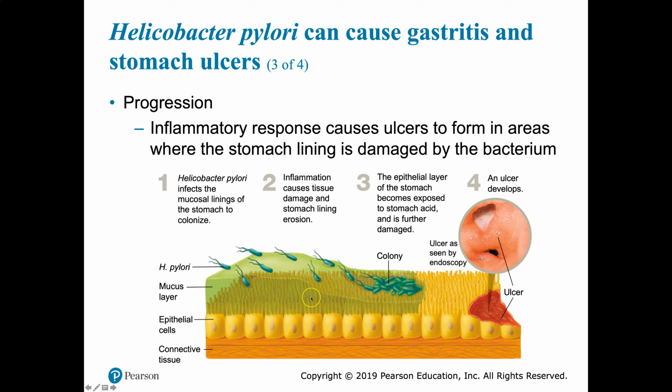So you can see how the progression works with Helicobacter pylori. First, it invades the mucosal lining, colonizes. It then starts causing inflammation and erosion of the mucosal lining, exposing the epithelial cells, which then are exposed to the stomach acids, and then you end up with a stomach ulcer. Stomach ulcers are extremely painful. If you've never had one, you are very, very lucky.